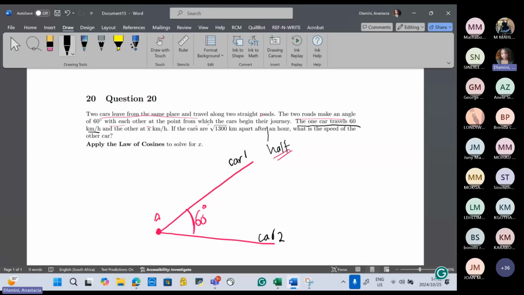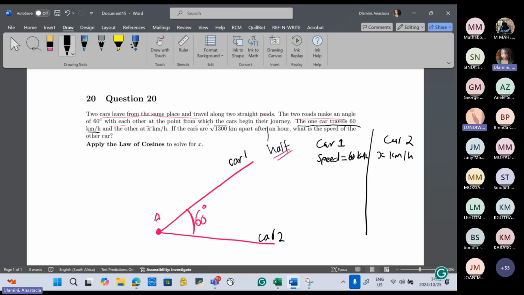Well done. So then we have car 1 and we have car 2. For car 1, we know the speed is equal to 60 kilometers per hour. And the other car travels X kilometers per hour. Are we all together? Yes, ma'am.